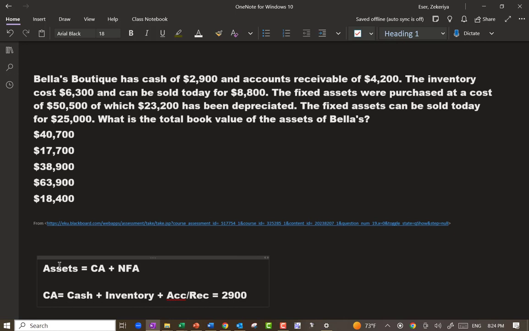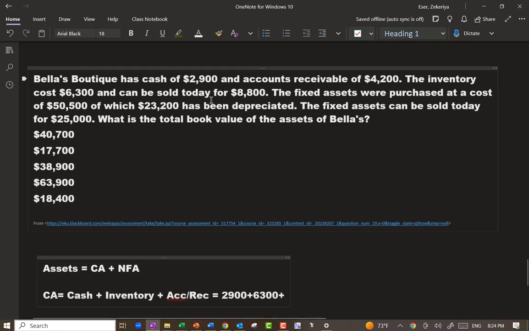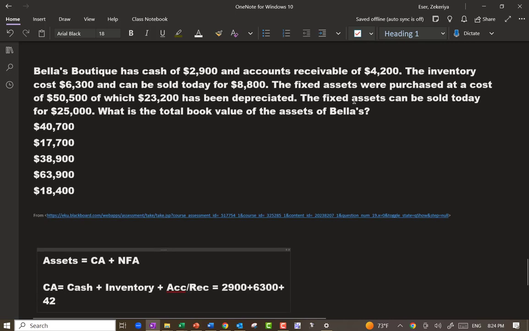Cash is $2,900. We look at the lower of cost and market. So inventory is $6,300. And accounts receivable is $4,200. So that's the book value of current assets.